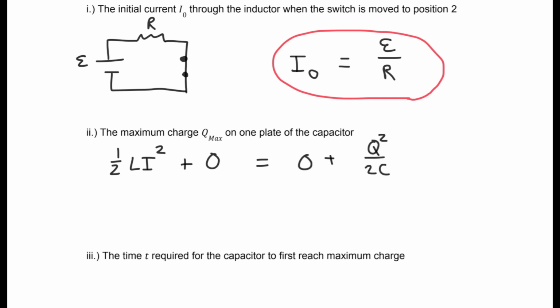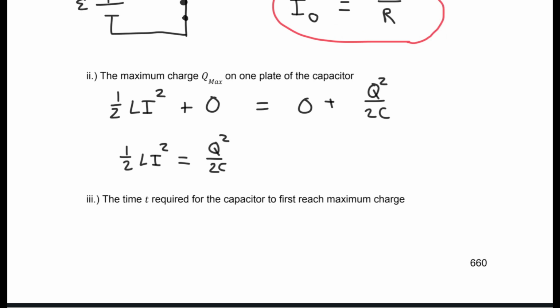This is just our energy bar chart, where we have all our bars in the inductor at the start and nothing in the capacitor, and then all our bars in the capacitor. And we're solving for Q max, so 1/2 L i squared is equal to Q squared over 2C. Notice the 2's cancel.